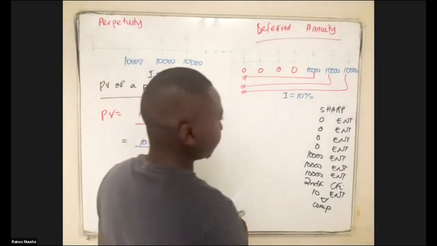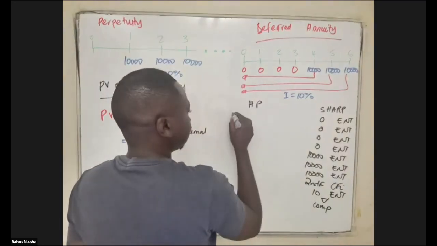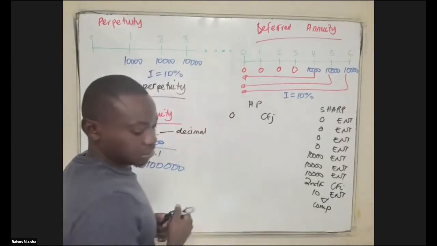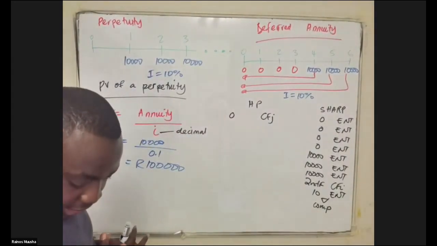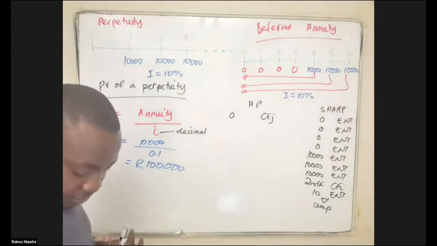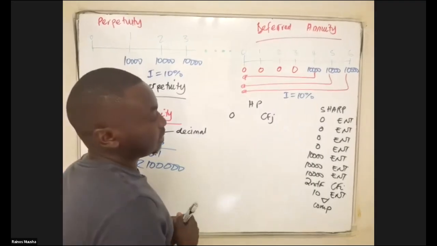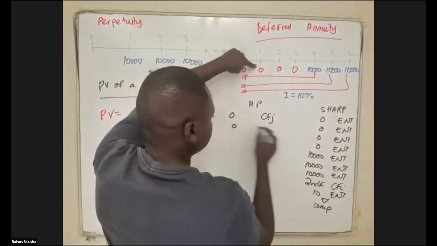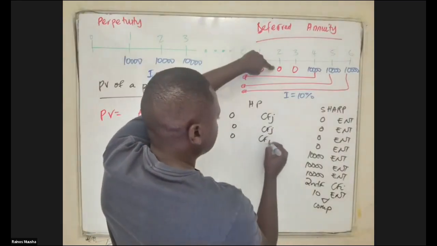If you're using the HP calculator, you say 0 and press the CFj button. The CFj button is the one next to the percentage button. Then for year 1, 0, CFj. For year 2, 0, CFj.